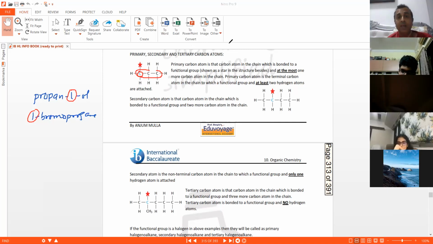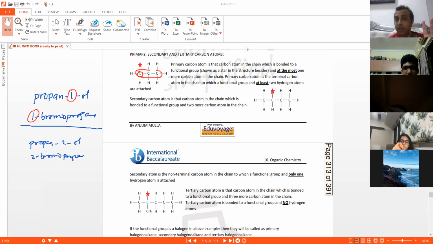So if the name has the position of halogen or hydroxyl as 2 or above, like propane 2-ol and not propane 1-ol, or 2 bromopropane, it is secondary. So 2, 3, 4, 5, anything will be secondary; if it is 1, it is primary.